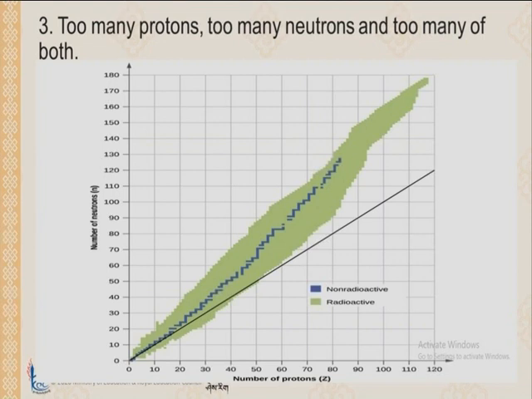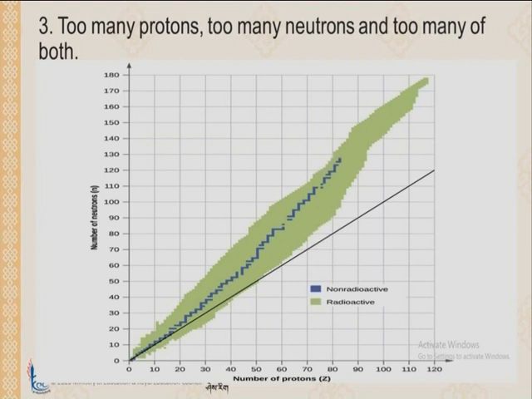So, the number of neutrons is represented on the y-axis and the number of protons is represented on the x-axis. The number of protons is represented by the letter Z, or we can also write it as P. Again, you can see the graph properly. In between, there are two colors, one is green and another one is blue.